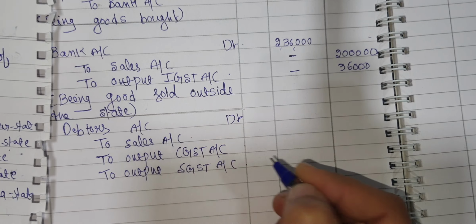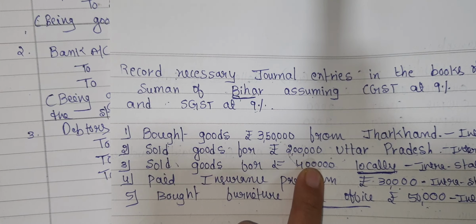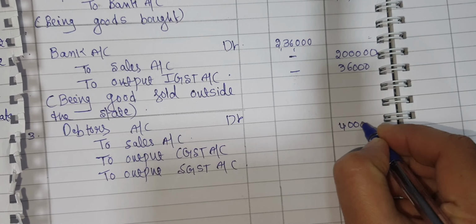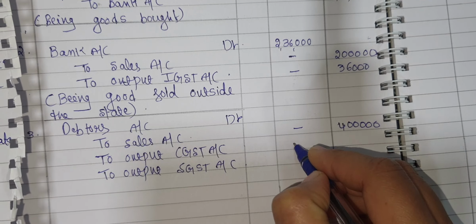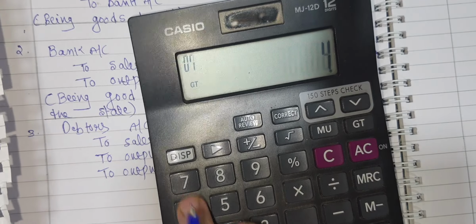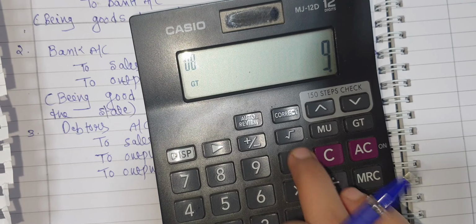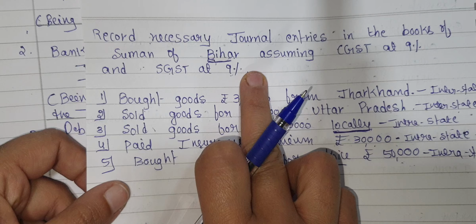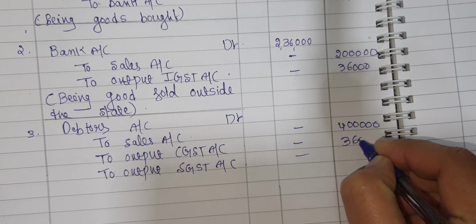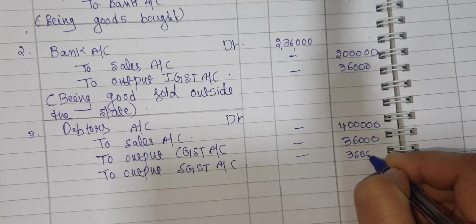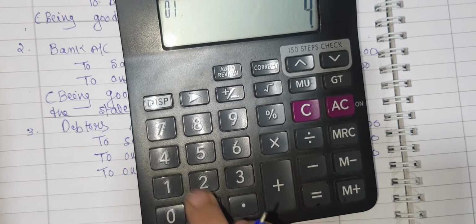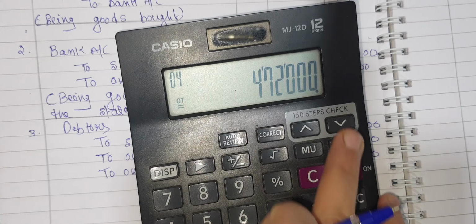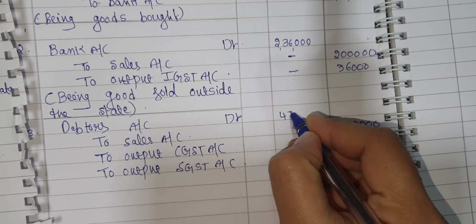So the sale value is rupees 4 lakh, and 4 lakh into 9%. See here, CGST 9% and SGST 9%, that is 36,000 and 36,000. So 4 lakh plus 36,000 plus 36,000 is 4 lakh 72,000.